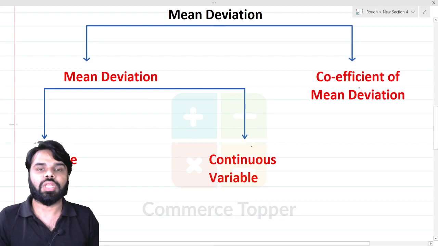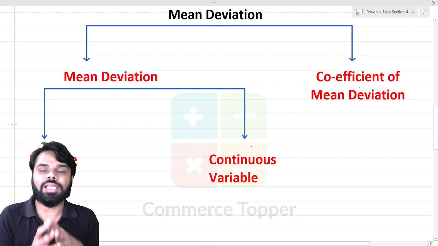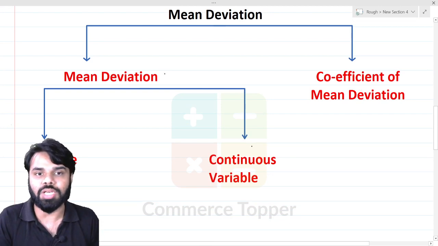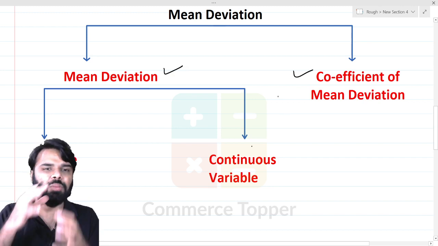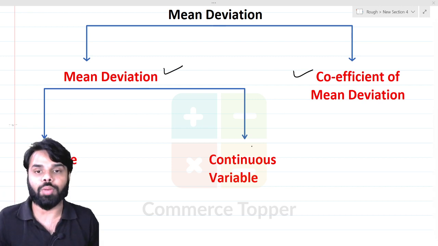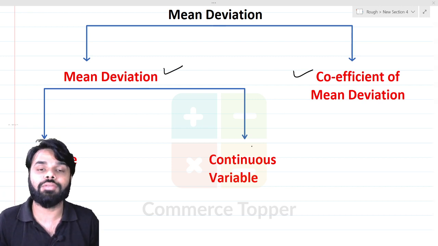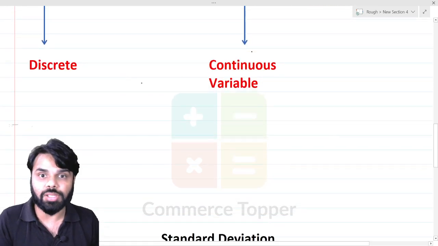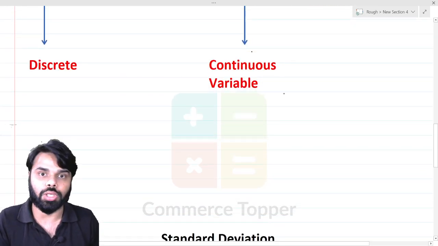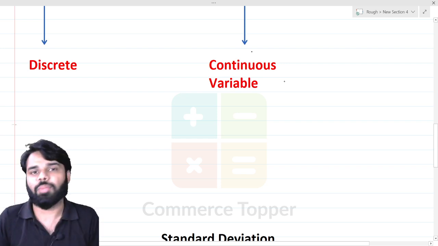Mean deviation. Now mean deviation has two formulas: one for mean deviation itself and the second for coefficient of mean deviation. But mean deviation is again divided in two parts: discrete variable and continuous variable. Sir, here the problem occurs.